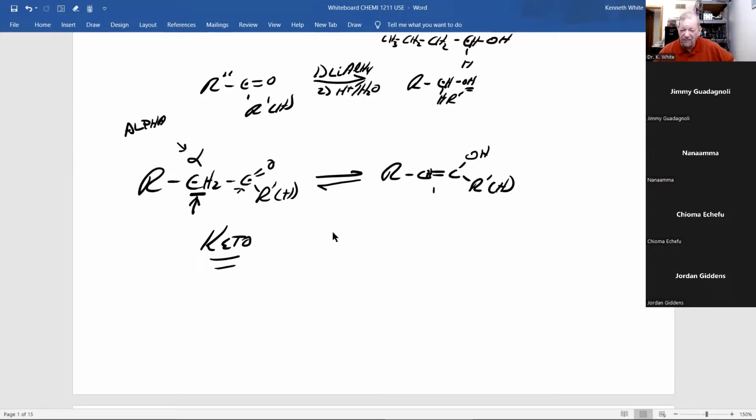And we've got a double bond, ene, and an alcohol, ol. And that's how it got the name enol. And this equilibrium is very important because it does something that doesn't happen in alkanes: the hydrogens on the alpha carbon are acidic. That means you can pull them off with a base.